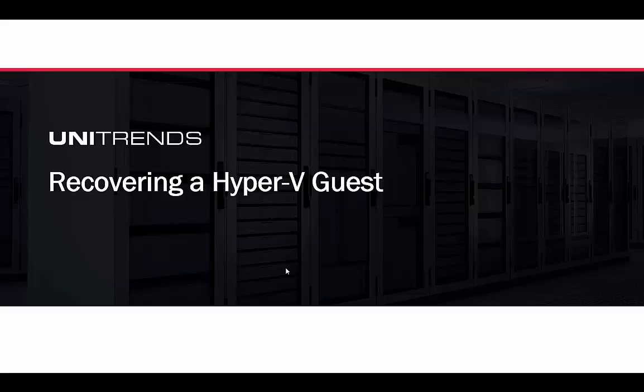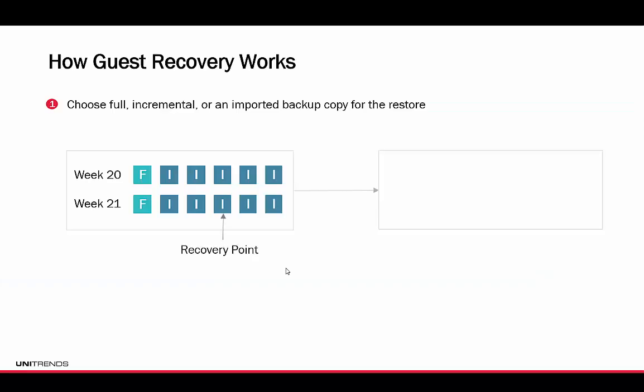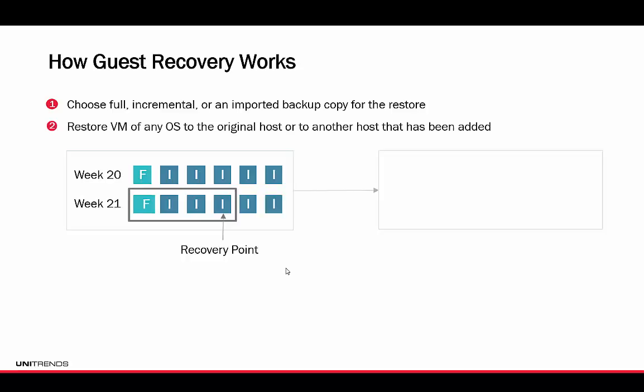When we look at recovering a full Hyper-V guest, you're going to choose your incremental, your full, your imported backup. We talked about coming back from a cold copy too. You're going to import it back and choose it or go to the newest points, whatever you're going to do. Now, when you check that point in time to do guest recovery, the VM is going to be restored back with your configuration, whatever you tell it to.